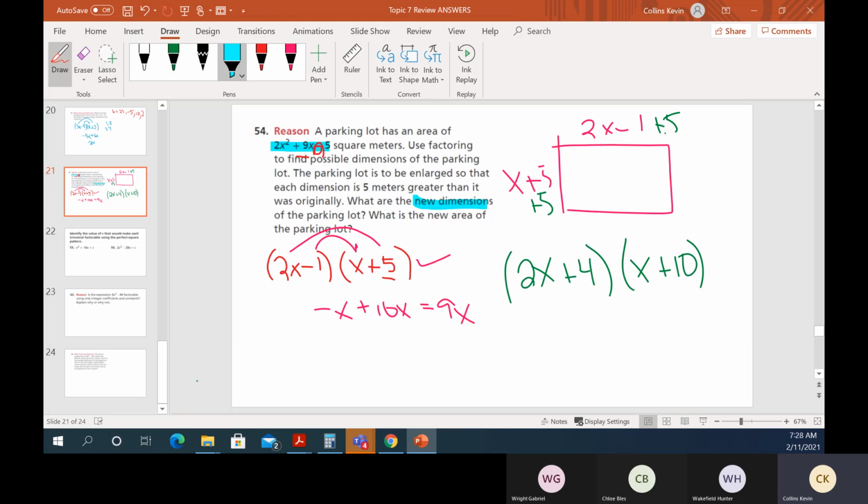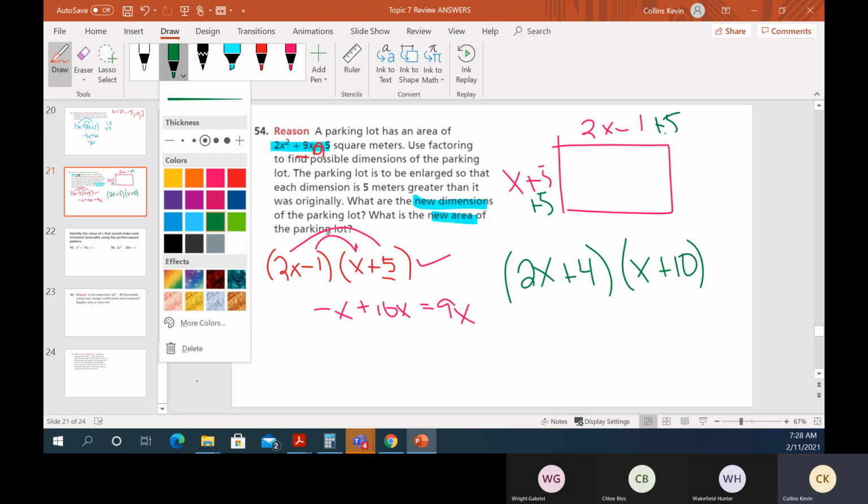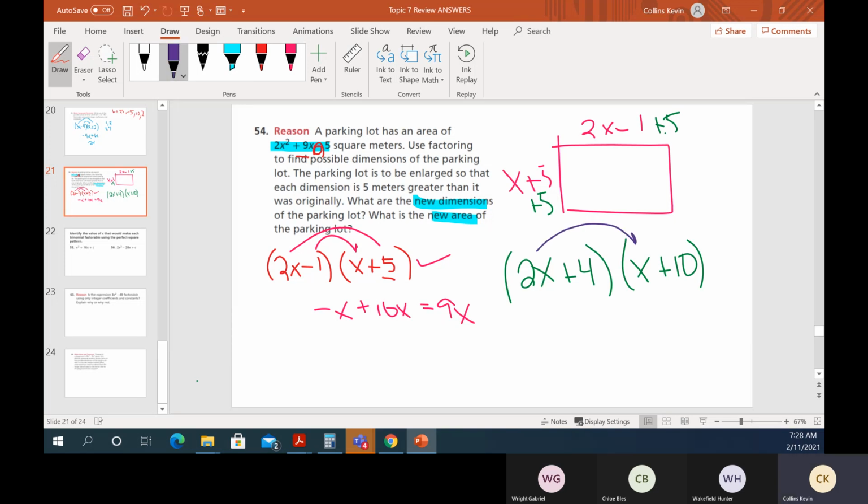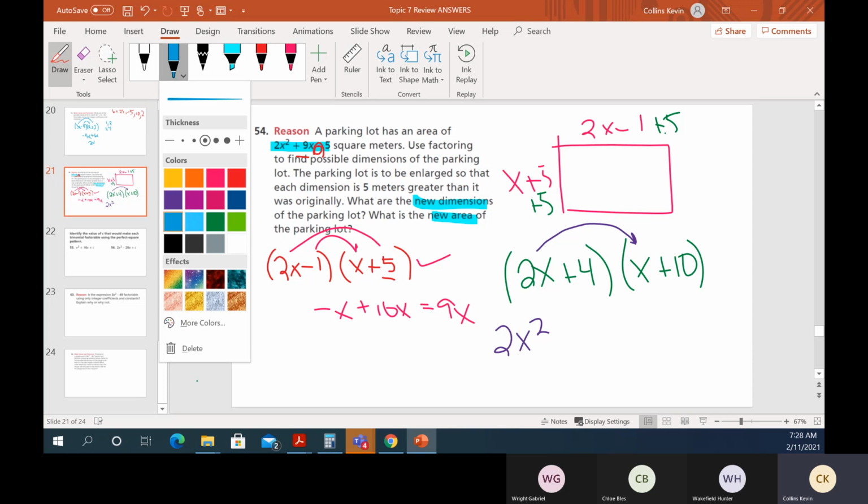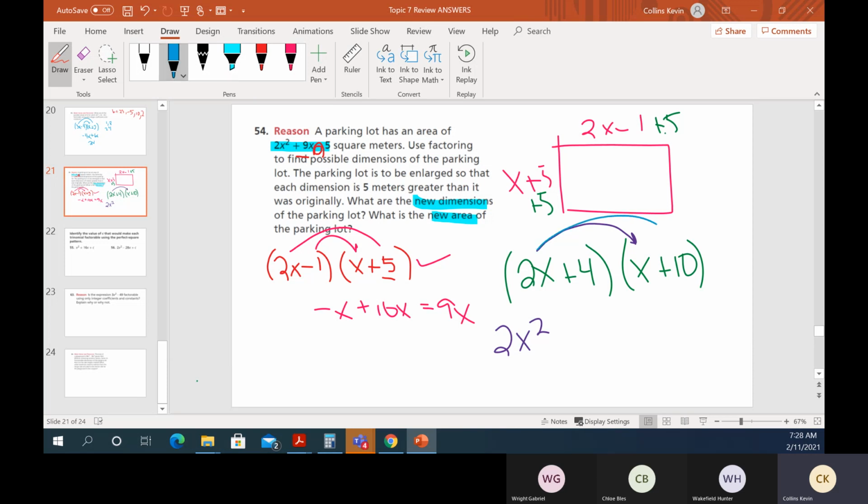It says new area. So to figure out the new area, all we have to do is multiply our guys together, right? So standard operating procedure, we do 2x times x, it's going to be 2x squared, all right? And then we go 2x times 10, that's going to be plus 20x.